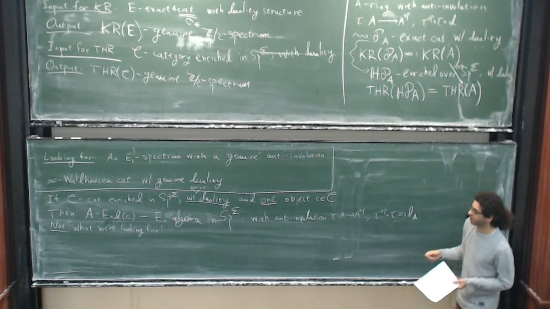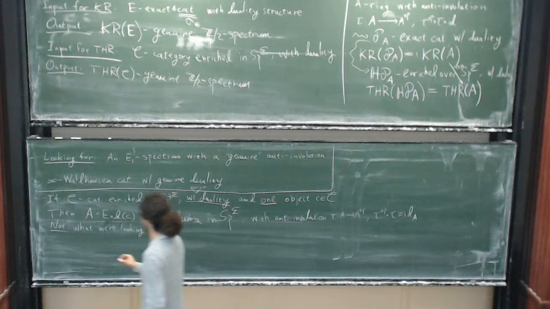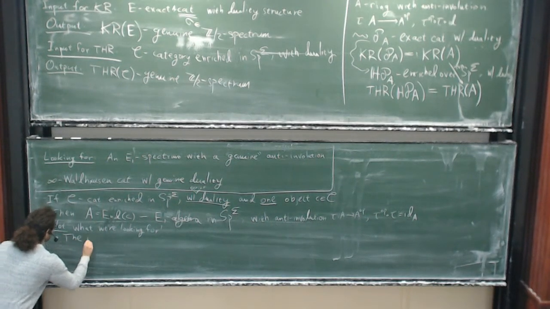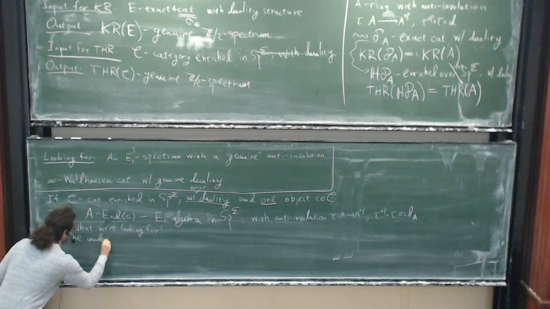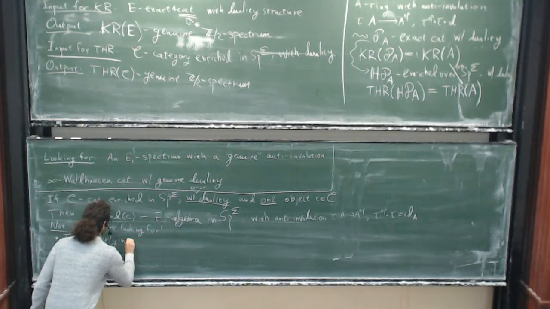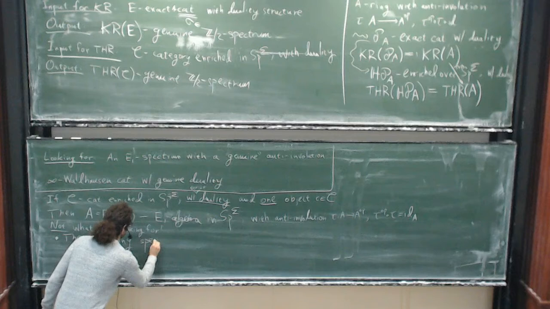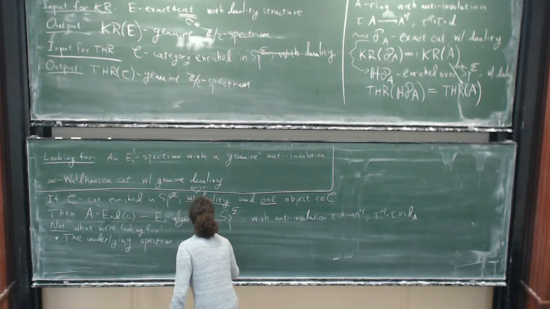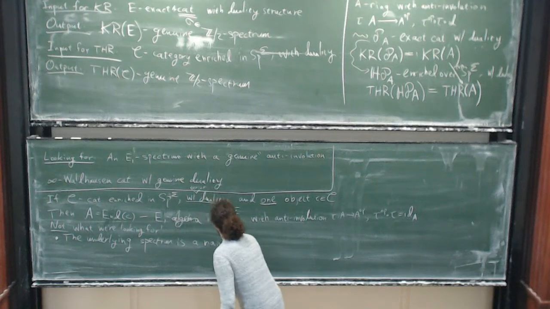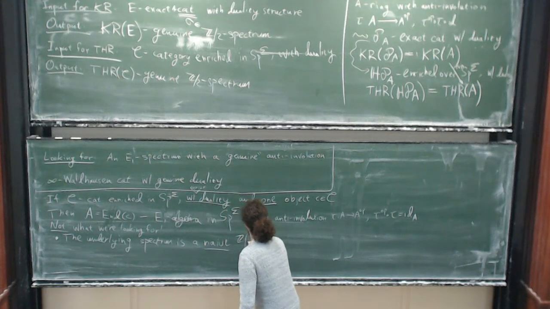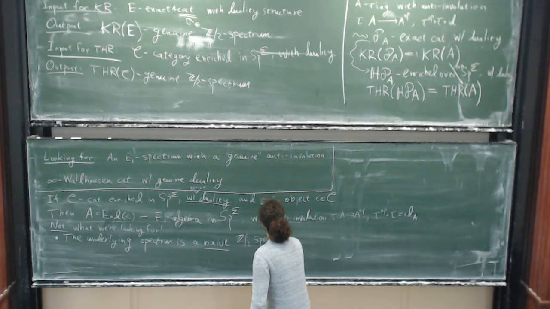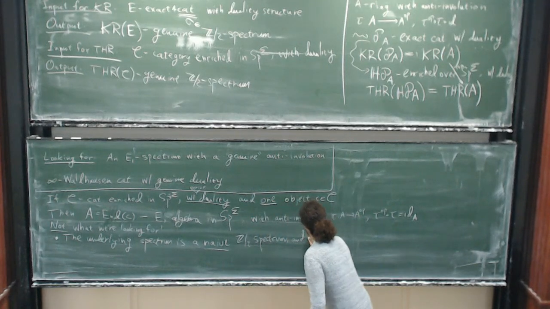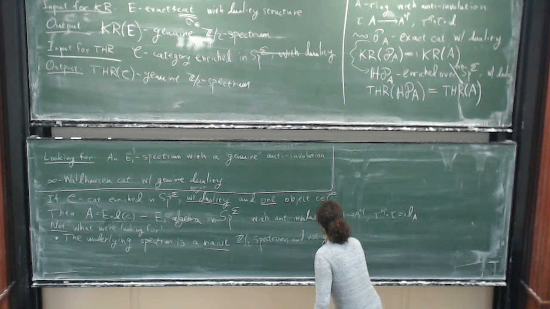So this is one reason why it's not what we're looking for: the underlying spectrum is a naive Z mod 2 spectrum and not genuine.